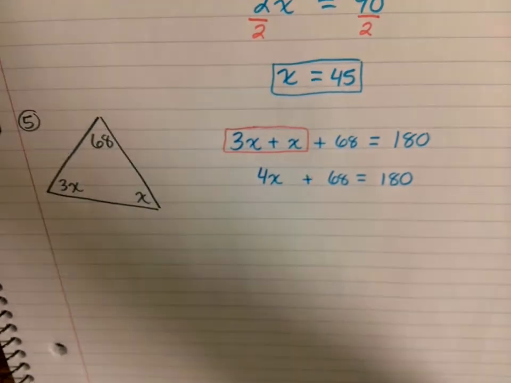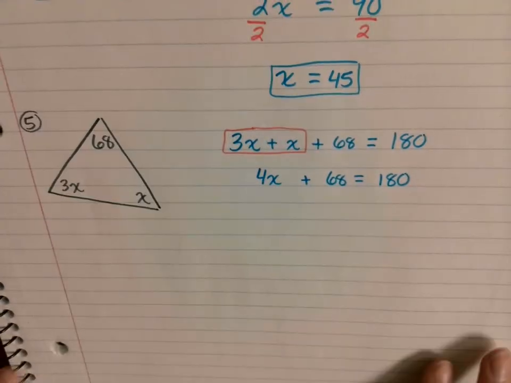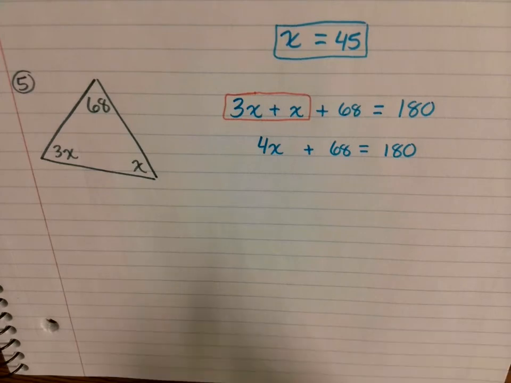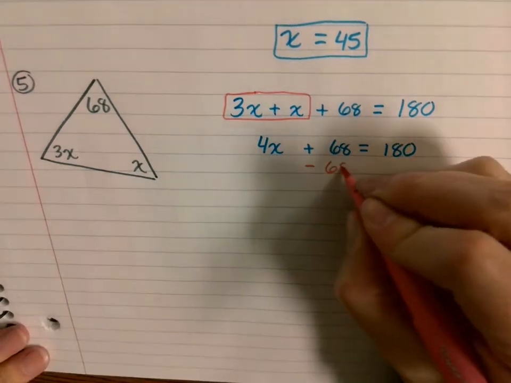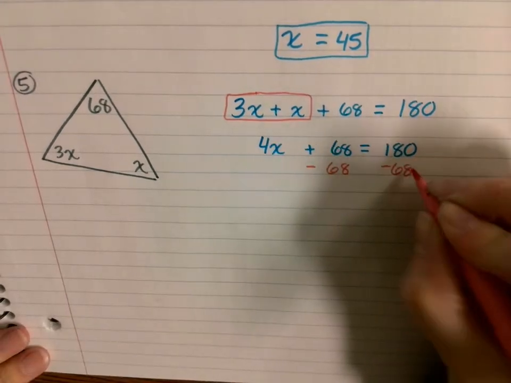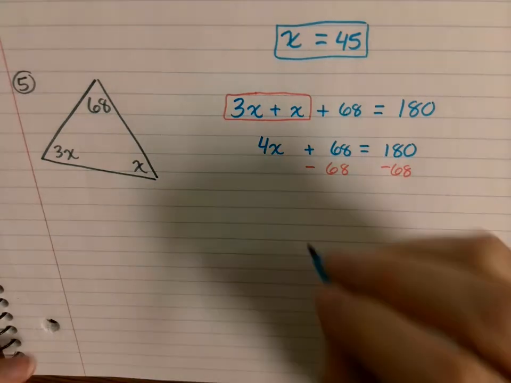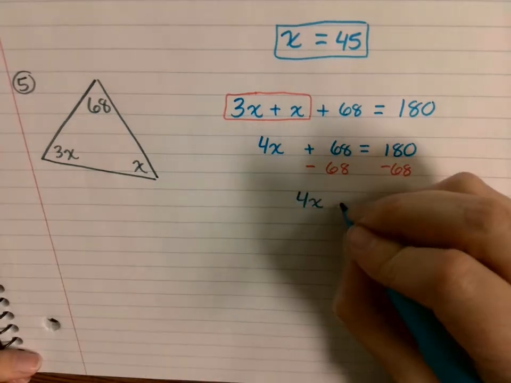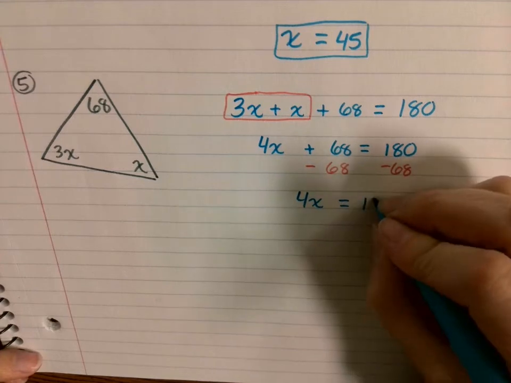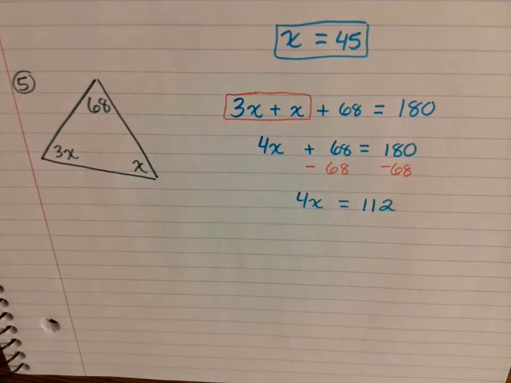Okay, what's our next step? Subtract the 68. Good. We're going to subtract 68 from both sides. That's going to give us 4x is equal to 112. Last step. We're going to divide by 4.